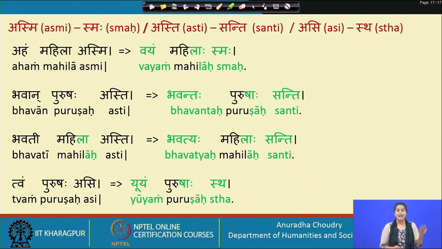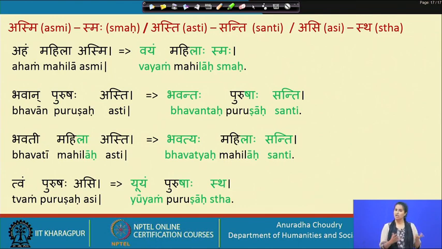Uttamam. Next, tvam for the second person informal: tvam purushah asi will become yuyam purushah stha. Let's do it with another masculine word.